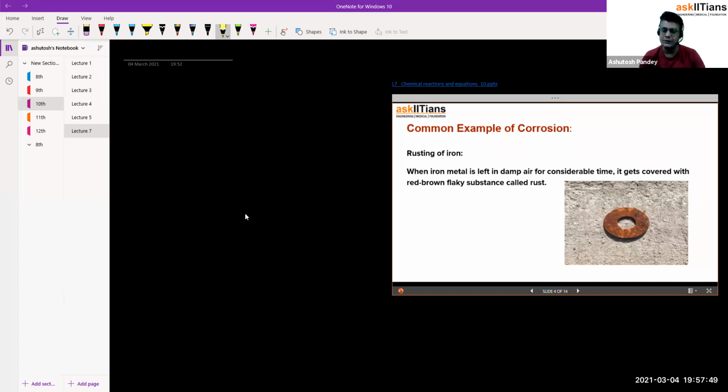The iron metal is left in damp air, dampness is required, for considerable time, and it gets covered with a red brown flaky substance. Iron is very strong, but even so, due to corrosion it changes into flakes, which we call rust.